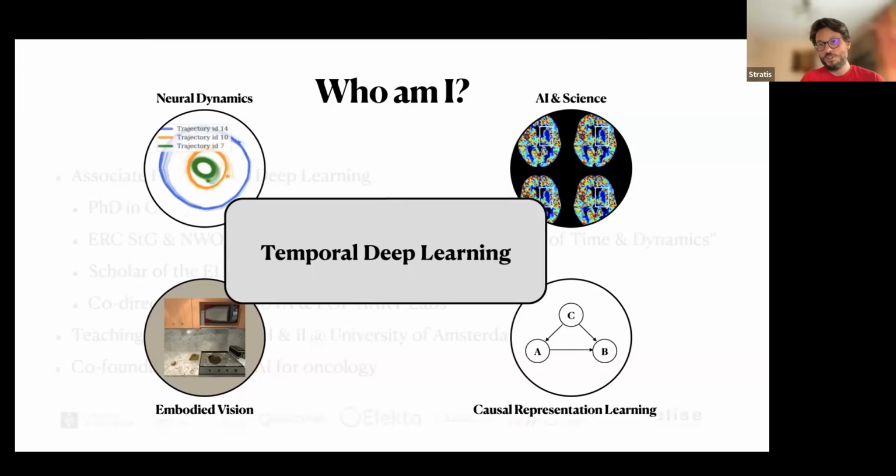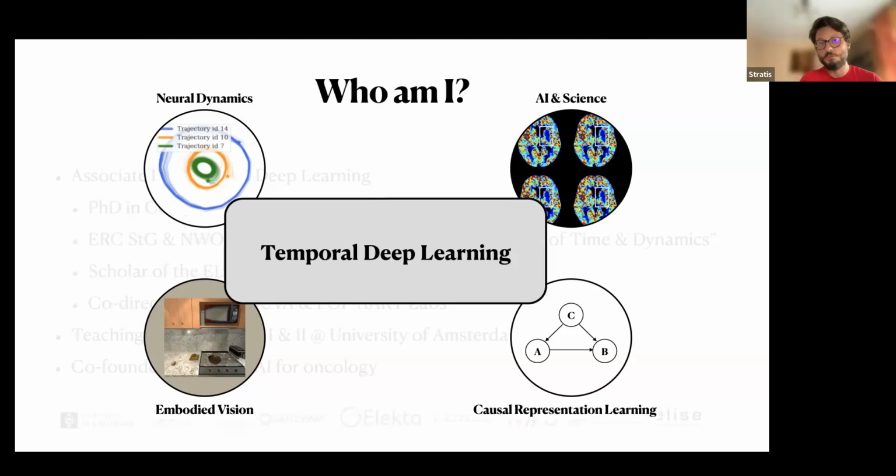My research is centered around what I call temporal deep learning, which I believe until recently was under-observed in the literature.